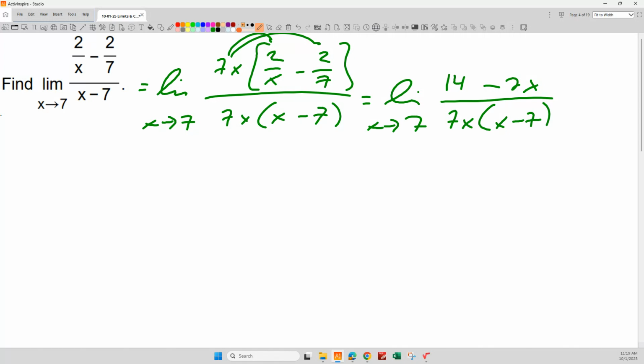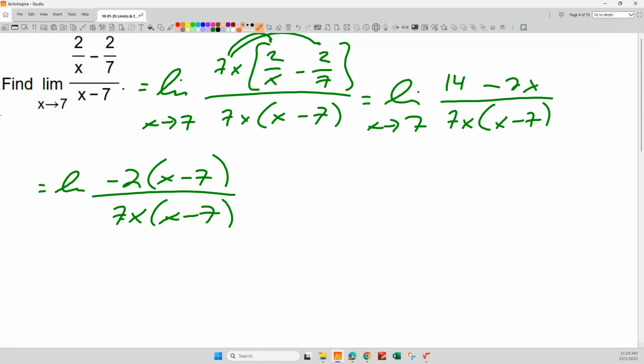Okay, what do I do on the top? Factor out, what should I factor out? Negative 2, exactly. If I factor out a negative 2, what's left behind? Yeah, good.